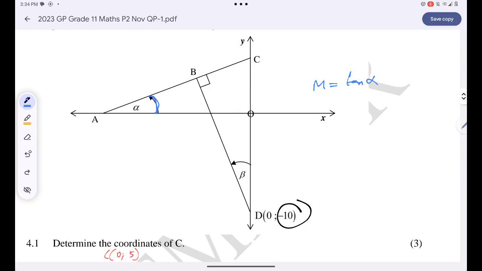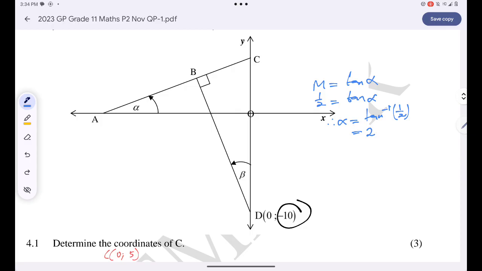And I know that my gradient of line AC is 1 over 2. So for me to find alpha, I'll simply say tan inverse 1 over 2. What will I get? Shift tan or arctan 1 over 2.